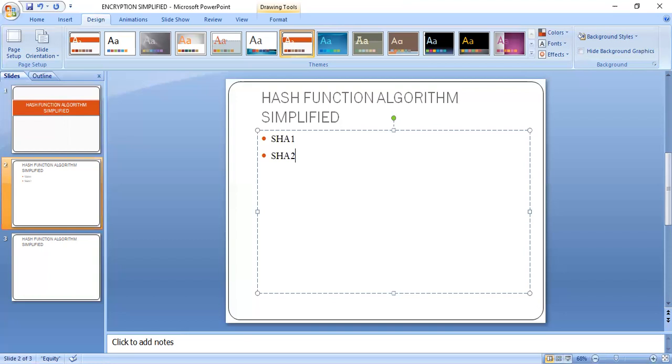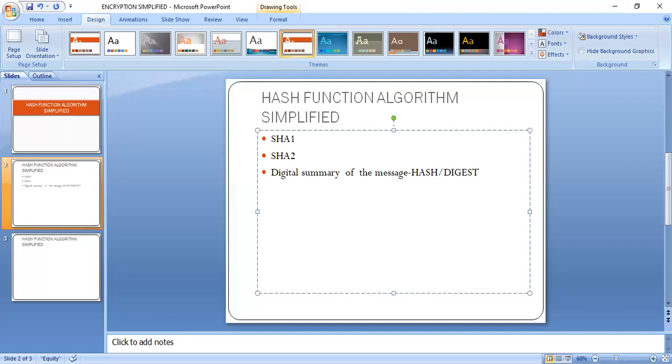If I have a message, I should be able to find what we call a digital summary of the message. That digital summary of the message is what is called a hash. It's also called a digest.